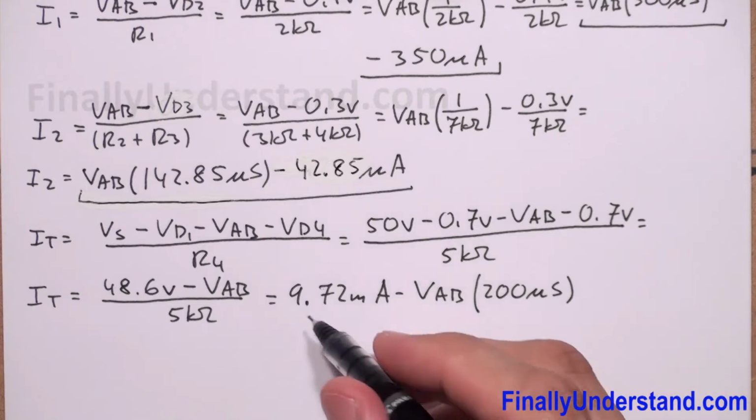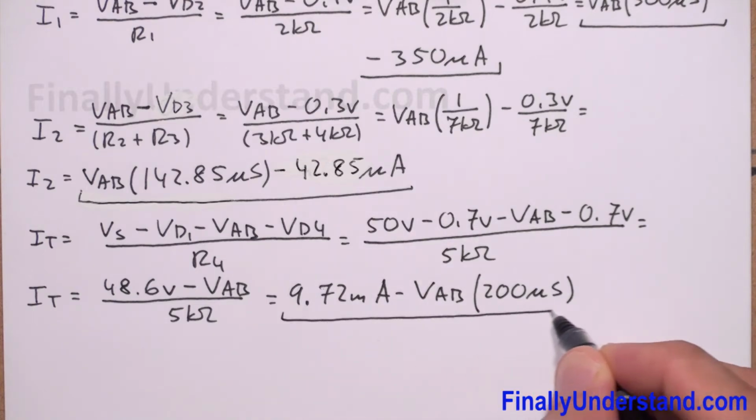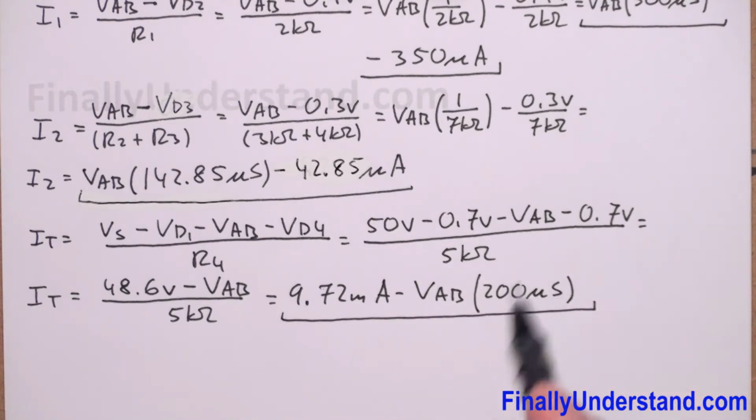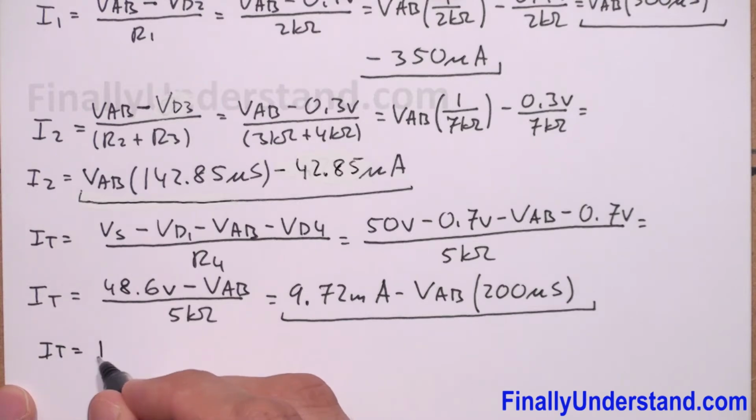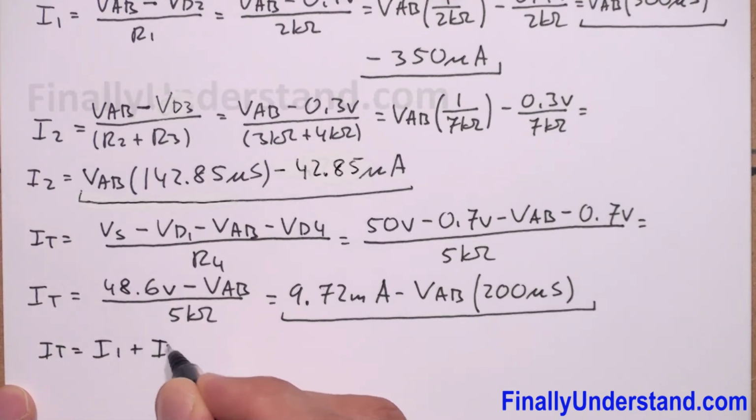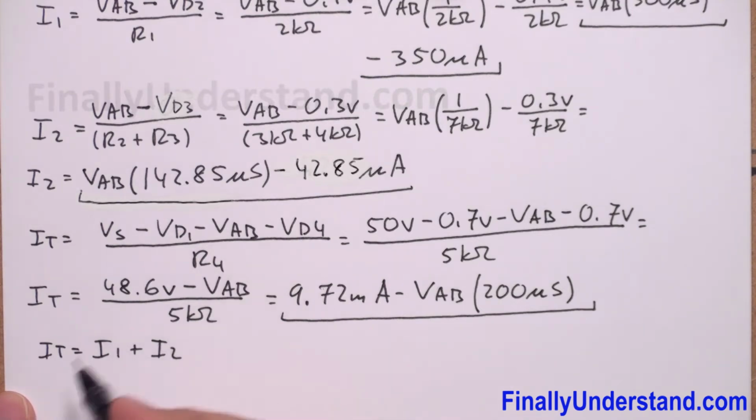Next, we're supposed to realize that we found the formula for I total. We get back to the KCL, which says that I total is equal to I1 plus I2. So we found that I total is equal to this.